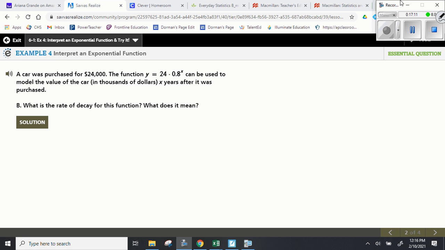So for exponential decay, remember we're talking about this model where we have b, and in this case with decay, b is equal to 1 minus our rate. So to find out our rate of decay, we would look at 0.8, which is going to be 1 minus this rate.